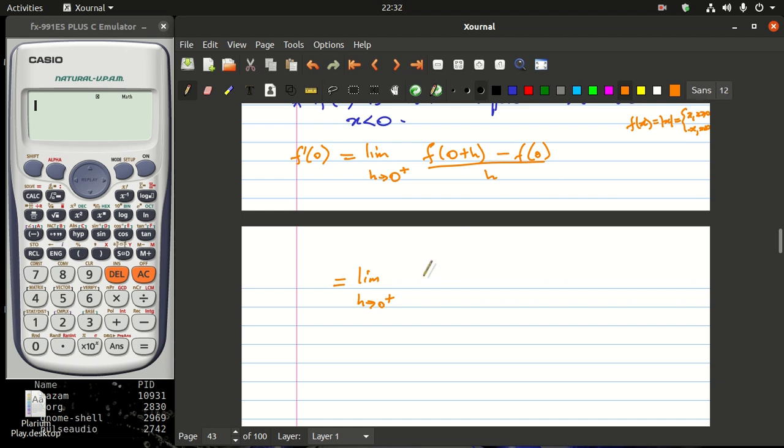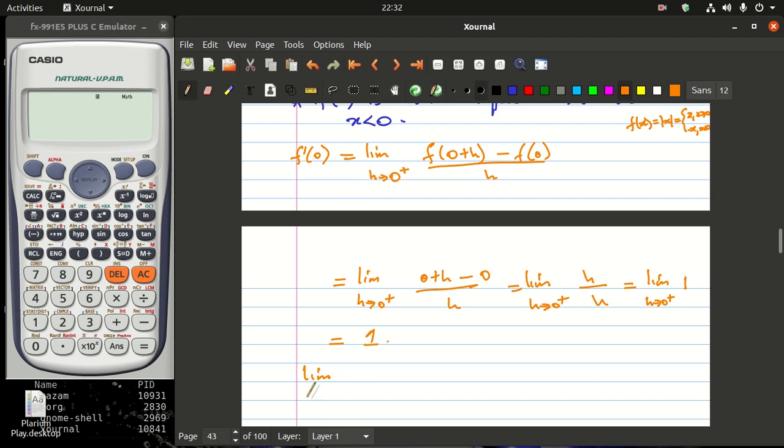In the value of x, I'm going to plug in 0 plus h minus f of 0, which is 0, divided by h. So I end up having the limit as h approaches 0 of h over h. 0 and 0 are gone, and now we end up having the limit as h approaches 0 on the right of 1, which is actually just 1 because the limit of a constant is just that constant.